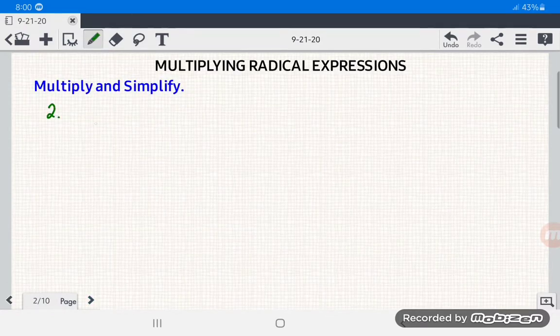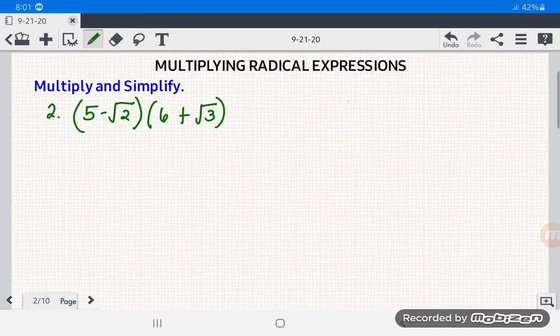Let's say we have 5 minus square root of 2 times 6 plus square root of 3. Using again the FOIL method, we have F, the first terms, so 5 times 6.